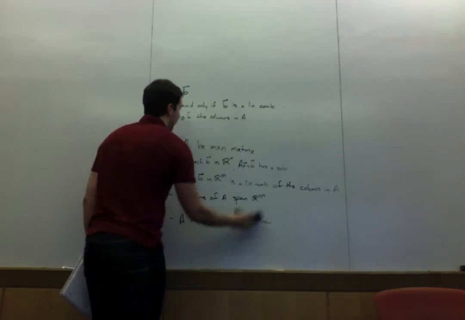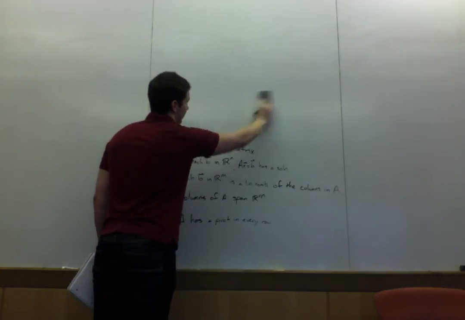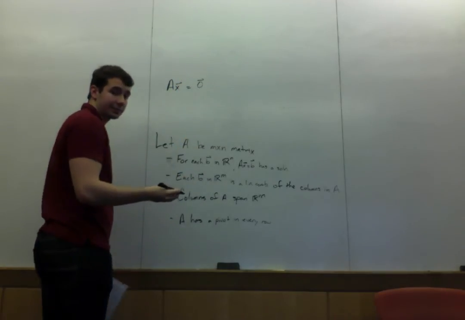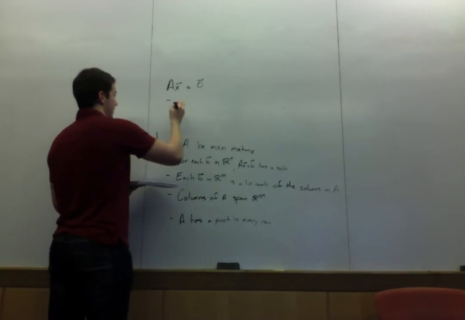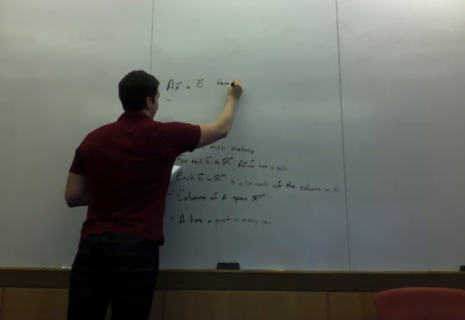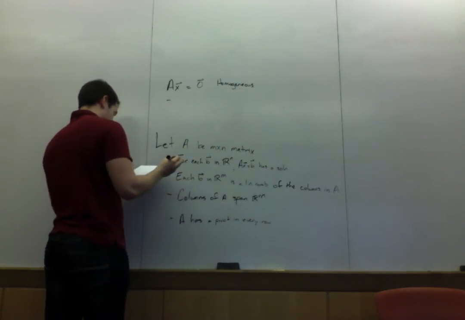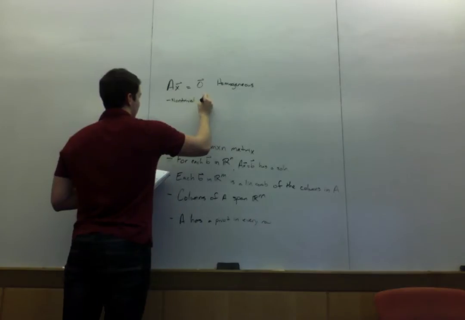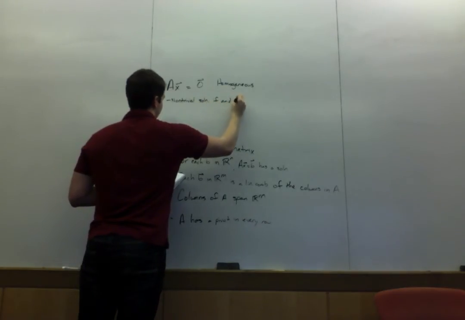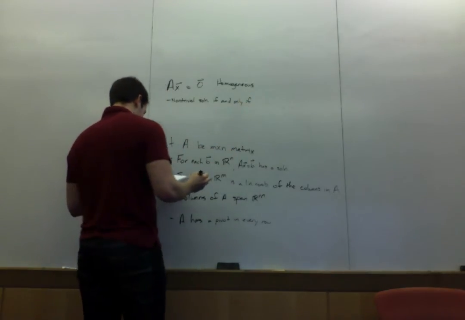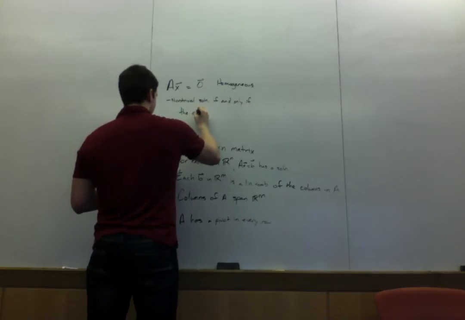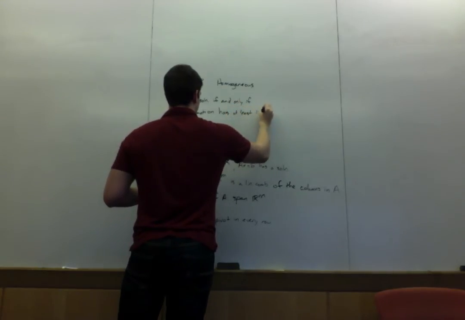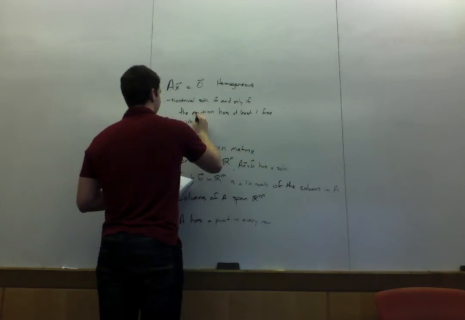Now, if we're talking about a homogeneous equation, which is a special subset of the matrix equation where b equals 0, so we have A times x equals the 0 vector, this homogeneous equation has a non-trivial solution if and only if the equation has at least one free variable.